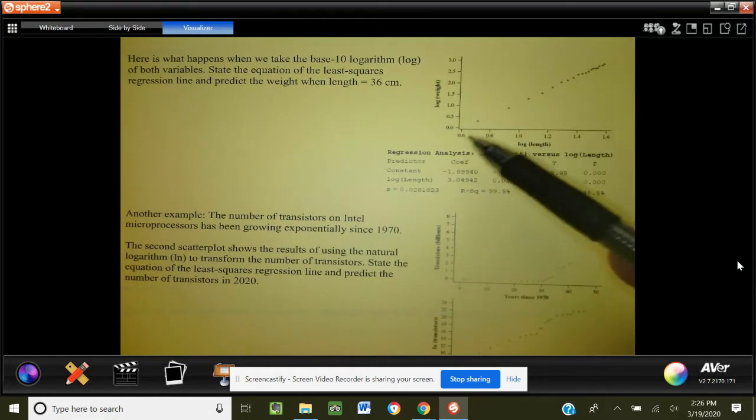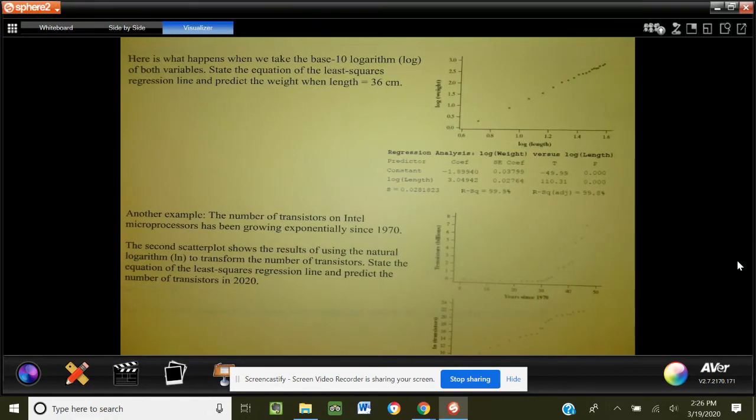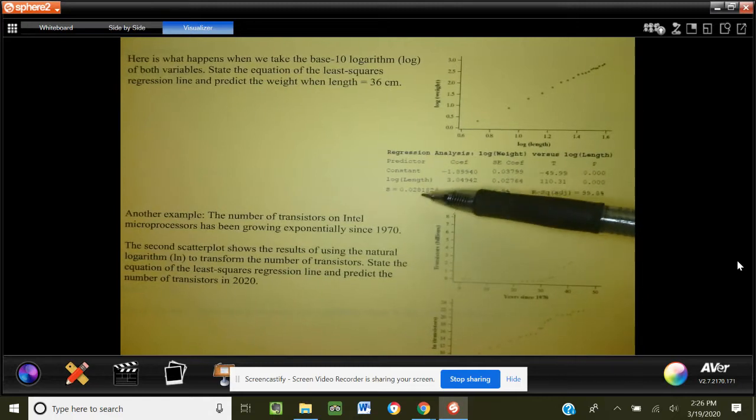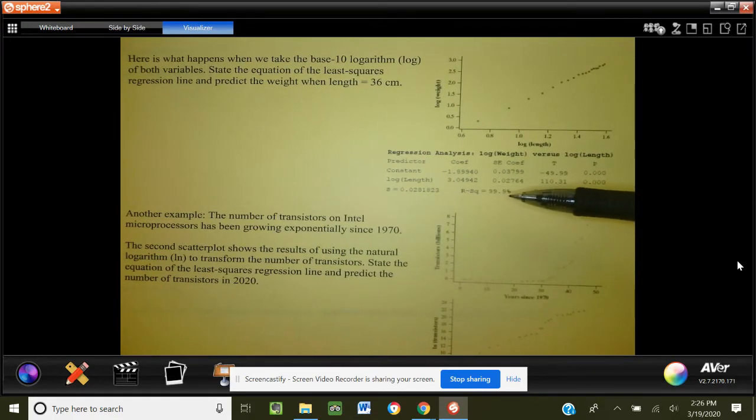Again, very strong linear association. If we go here, look at S, tiny, tiny S, 99.9%, pretty much 100% of the variation in the log of the weight is attributed to this LSRL. Okay, so this is actually even a better model to straighten this association.